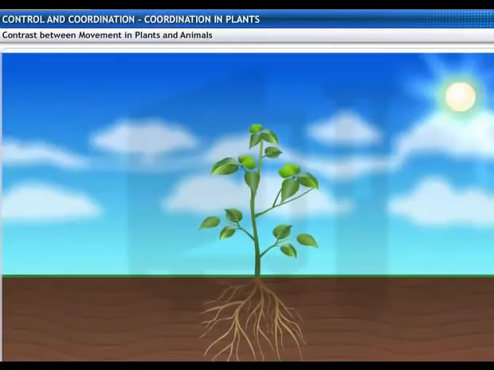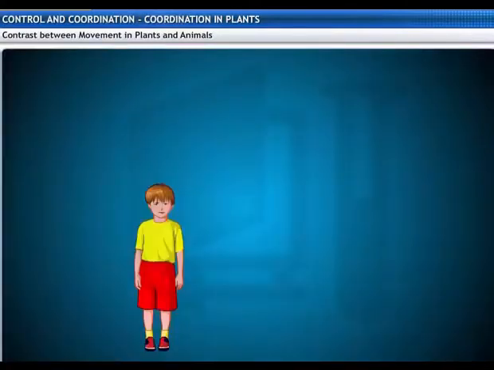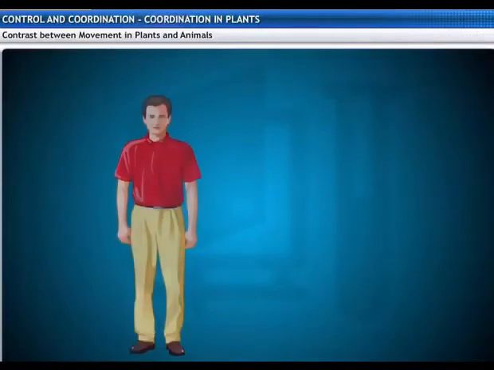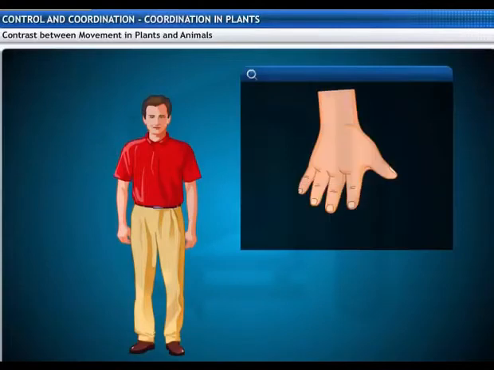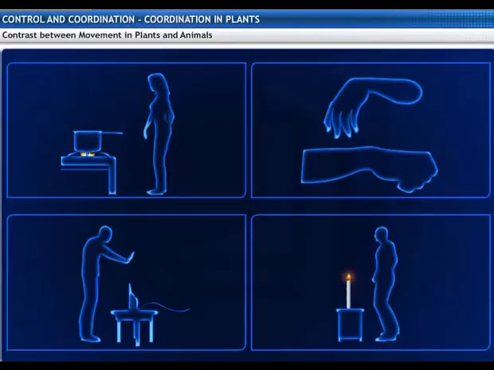Growth-related movement of plants will be even slower. As such, animal bodies also exhibit controlled directions of growth. Our arms and fingers grow in a certain direction, and not haphazardly. Controlled movements can be slow or fast.